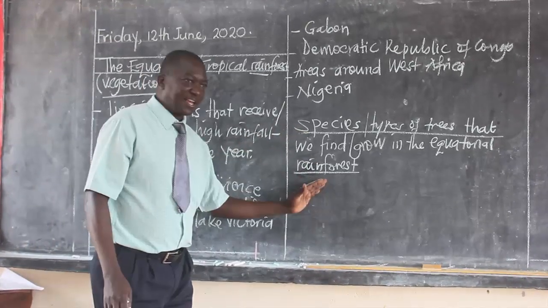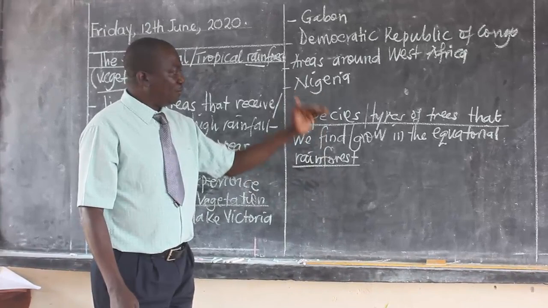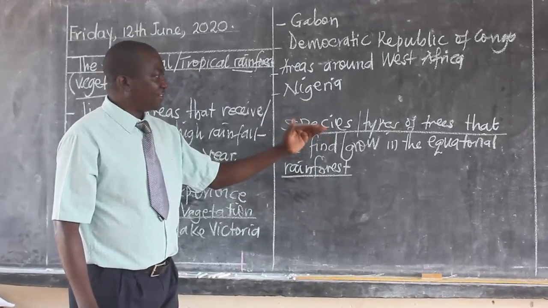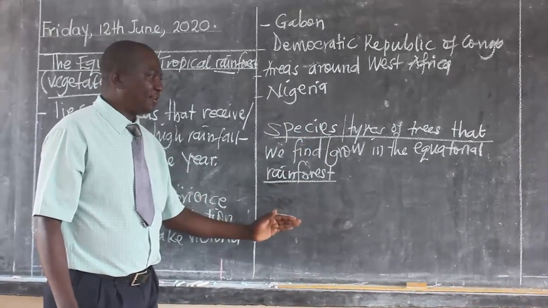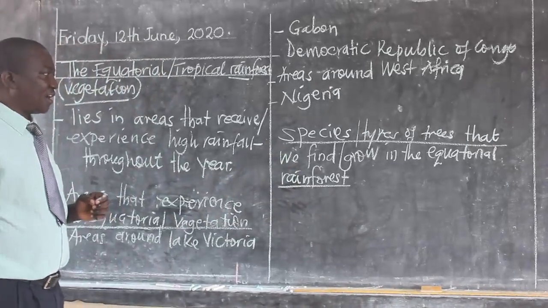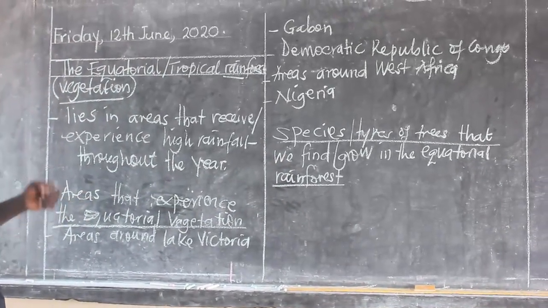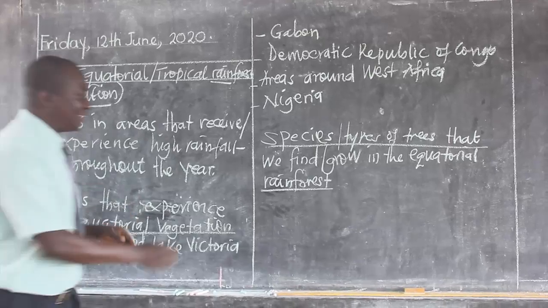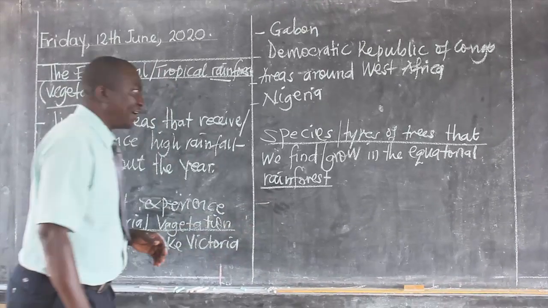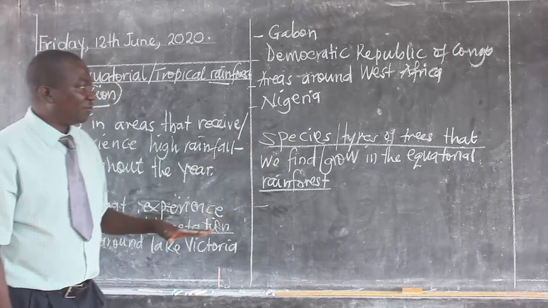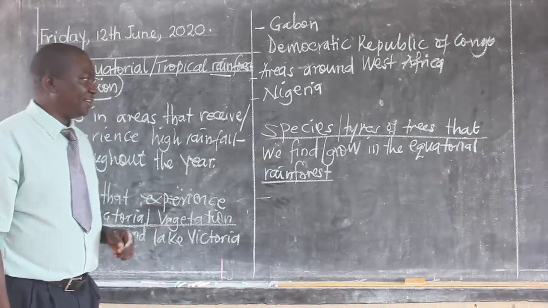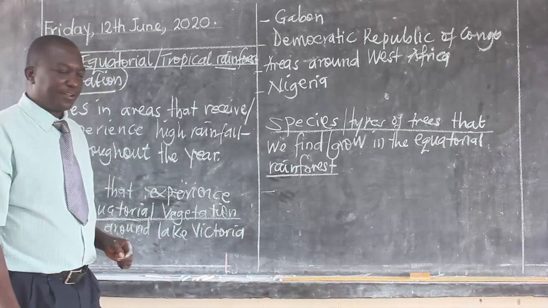Now, what are these types? We know very well that most of these trees that are growing here, one, we know that they produce what we term as hardwood. So let's remind ourselves from primary 5 the types of trees that we find in the tropical rainforest.